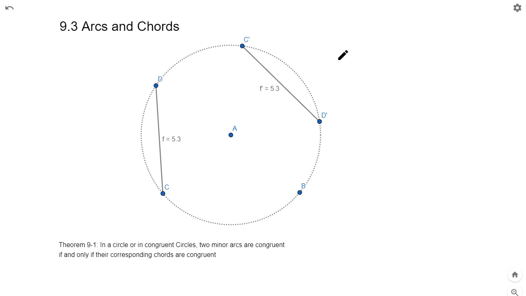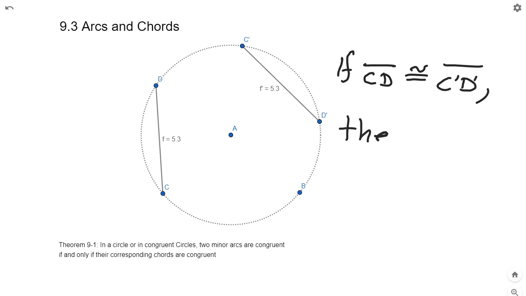So what the theorem is telling us is that if chord CD is congruent to chord C prime D prime, then their corresponding arcs are congruent too.